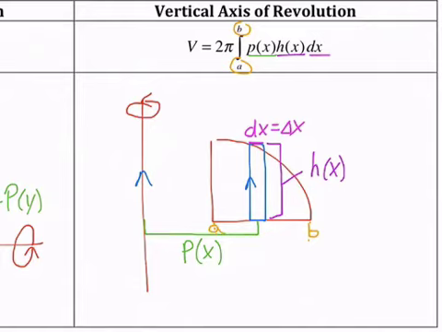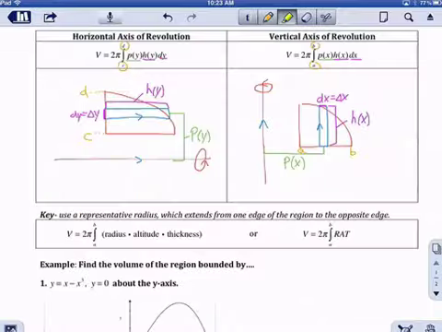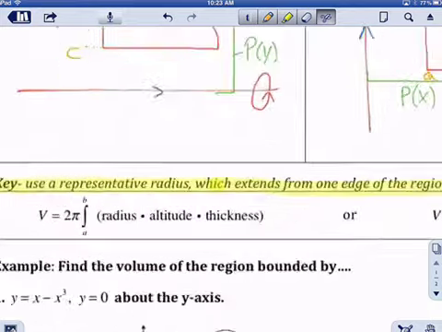Alright, let's see if we can make this a little more simple. Now one of the keys in all this is to use a representative radius which extends from one edge of the region to the opposite edge. And both the formulas for horizontal axis of revolution and vertical axis of revolution can be summed up in this formula right here.